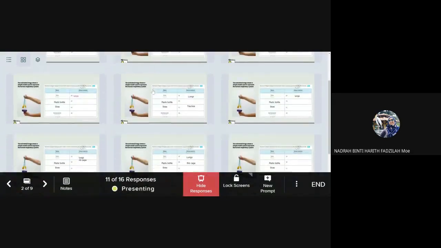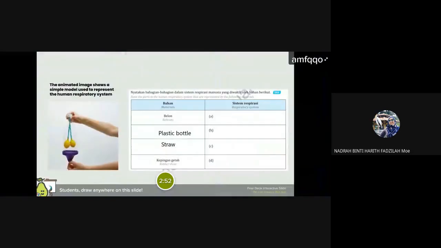Okay. I give you around 3 minutes to take a look at the picture, the animated GIF, and then we will discuss the answer, okay? In the Google Meet, the image is moving.